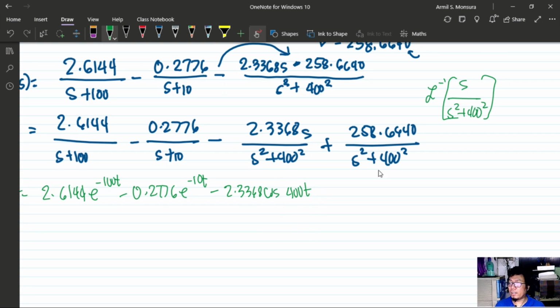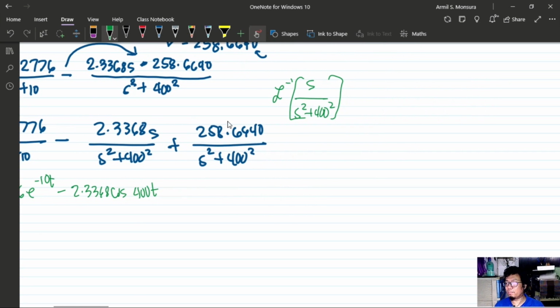And then this one needs balancing. So we will set aside 258.6640. Multiply this, it should be s square plus 400 square, and to retain the original value, we have to divide this with 400 square.